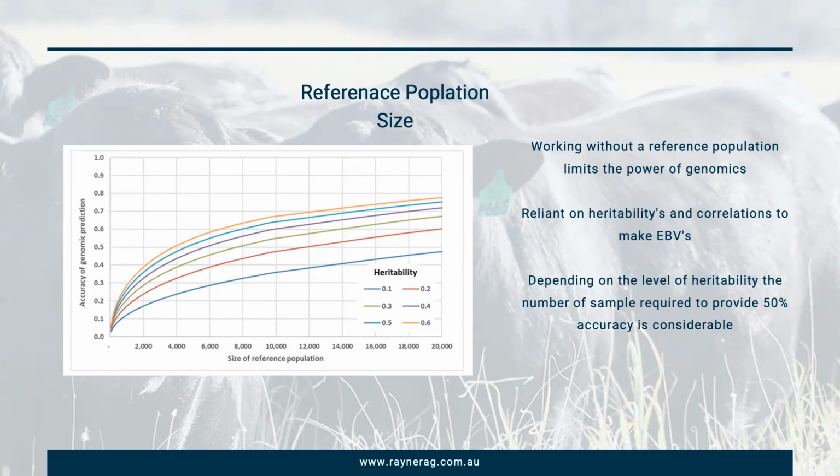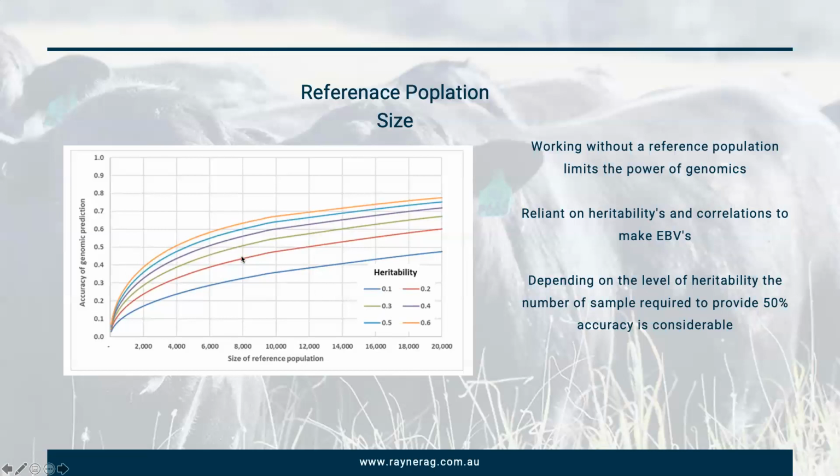Jen Pert from Angus Australia used this the other day, and it really is a great example of what you would need to do. If you were looking at the accuracy of a genomic prediction, and if we take something that's reasonably heritable, so go back to that growth example that we talked about before, if it's about a 0.4 for heritability, or say even let's go green, so something that's a bit lower in heritability, 0.3, so 30% heritable.